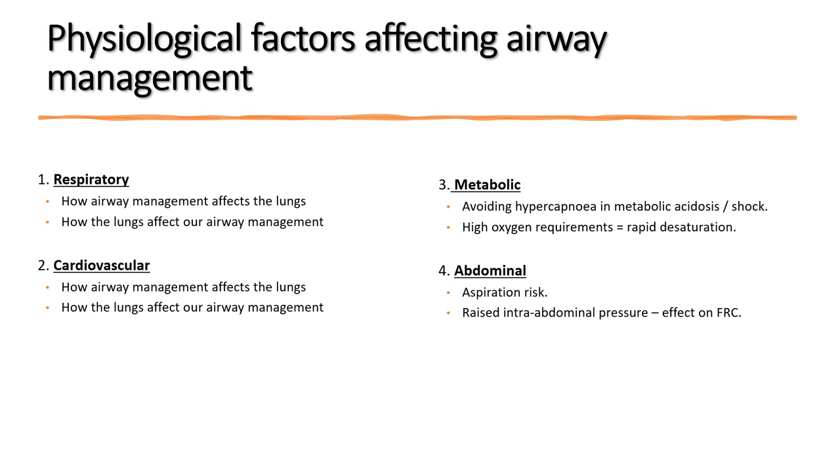And so we have to manage the airway differently in those patients. And then also patients who have a high metabolic rate, such as septic patients, burn patients, pregnant patients. Their oxygen consumption is much higher, their cardiac output is higher, and so they are going to desaturate more rapidly.